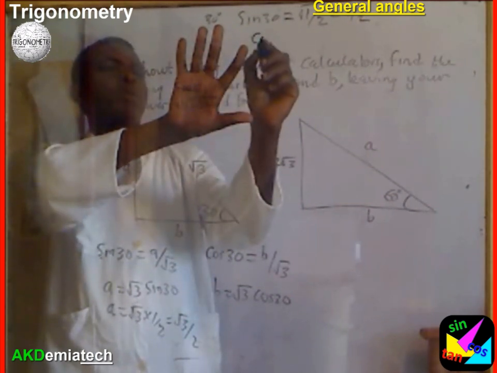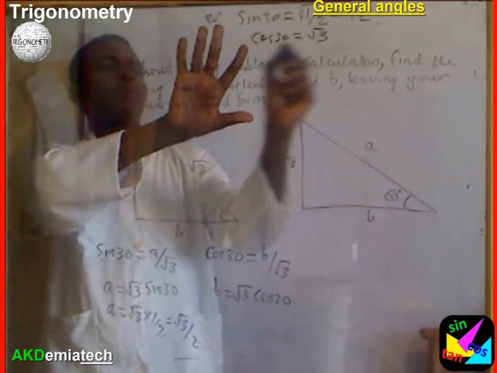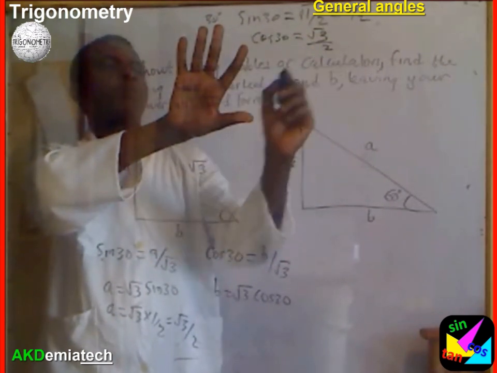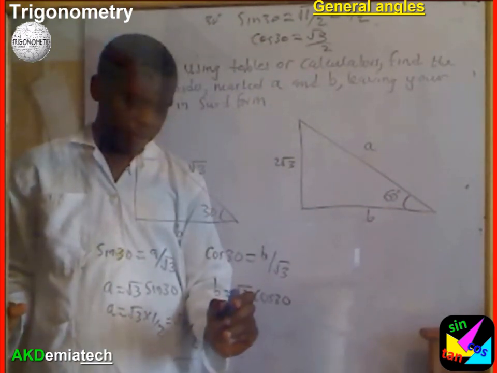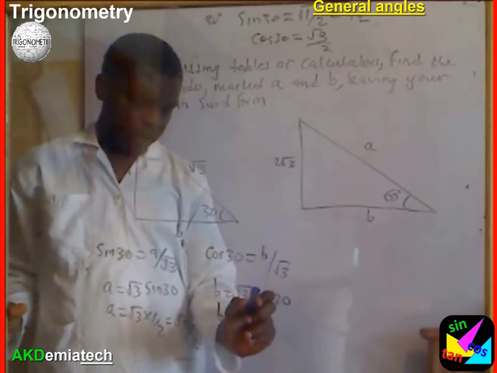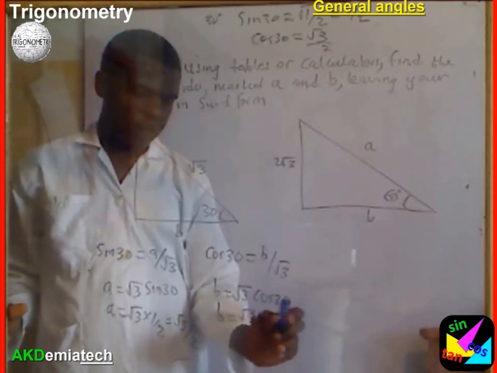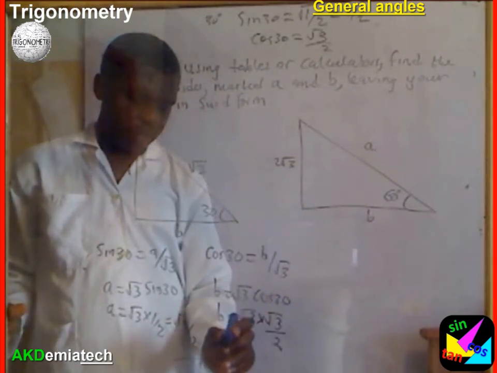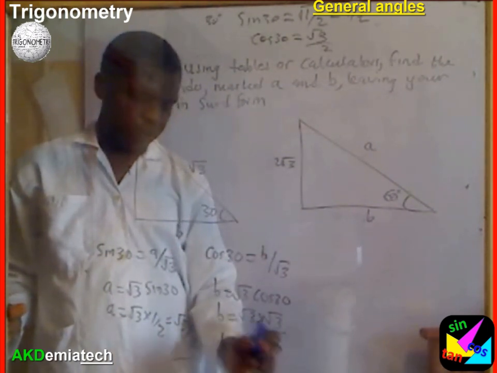So cos 30 will be equal to square root of 3 divided by 2. B will be equal to square root of 3 times square root of 3 all over 2. B will be equal to 3 all over 2.